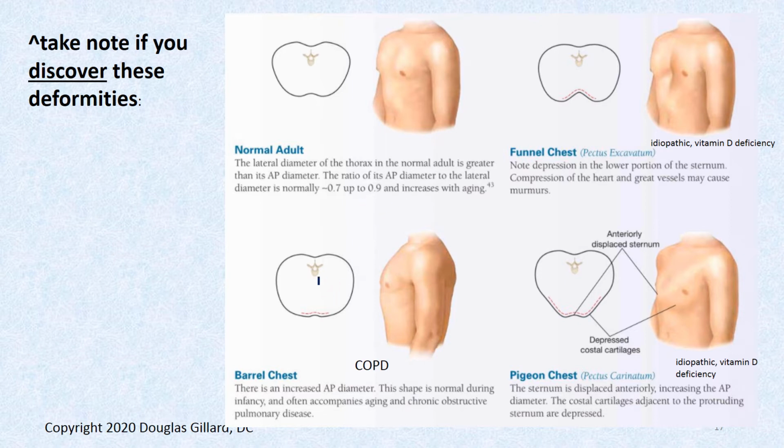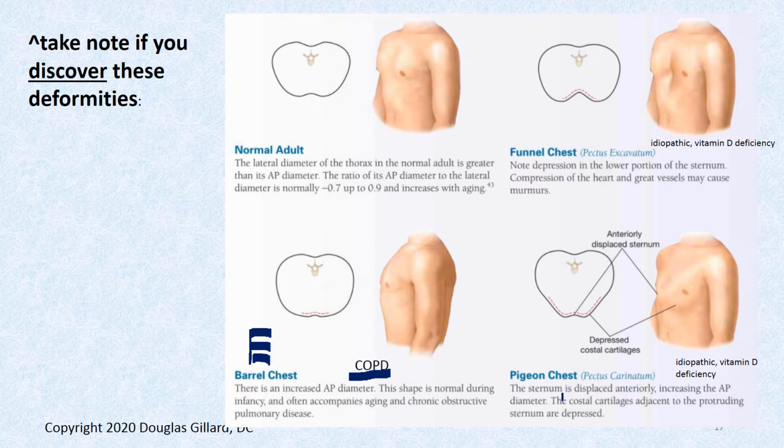If they have a 1-to-1 ratio, that's a barrel chest, and that's associated with COPD. Mainly emphysema is that part, because remember, chronic bronchitis and emphysema are both members of COPD. So emphysema usually causes destruction of tissue, causes that.